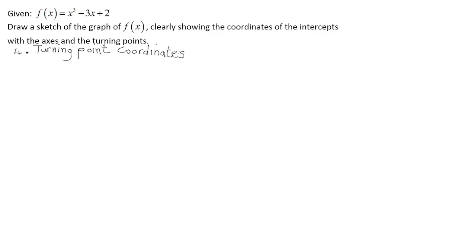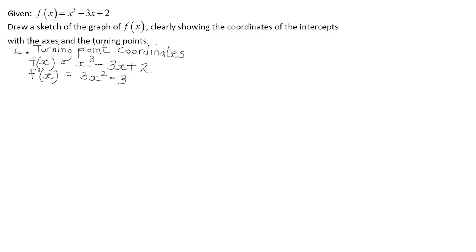When you're talking about turning points, you're talking about the first derivative. So I will write down the initial expression: x cubed minus 3x plus 2. Then I will find my first derivative, f'(x), which equals 3x squared minus 3.